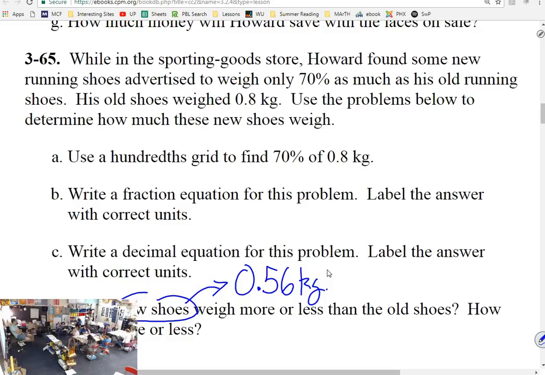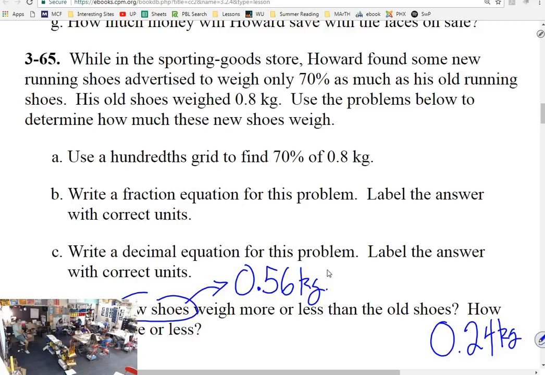I mean, 0.24. Who was it that got 24? So that's where we get 24 for the difference. But it's 24 hundredths of a kilogram.